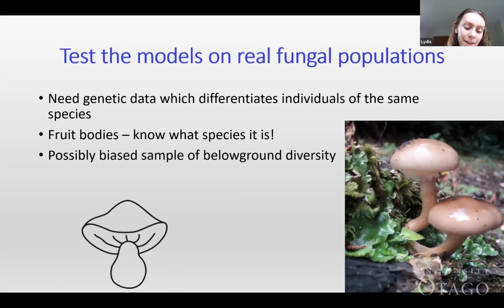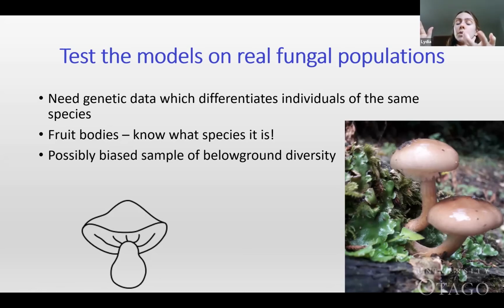However, the issue is that I need to be able to differentiate between individuals of Amanita. I need to extract the DNA and know that I'm looking at Amanita in order to get the sequence bits.